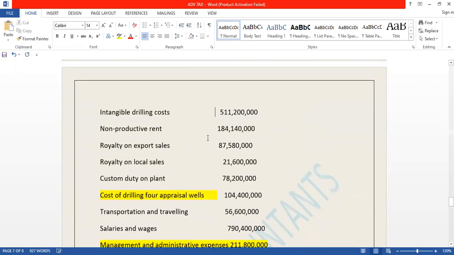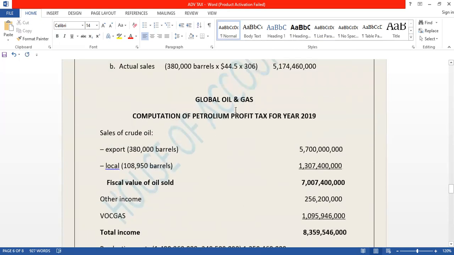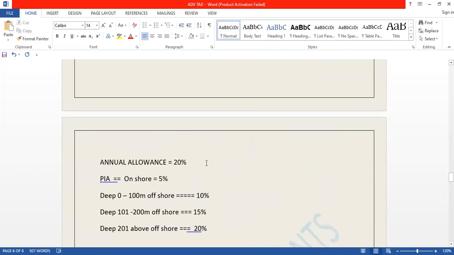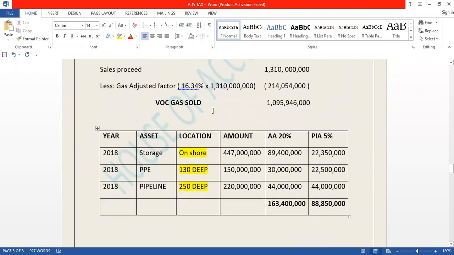So this one I've been able to treat every aspect on oil and gas. I cannot set a question more than this because this question is a standard question.